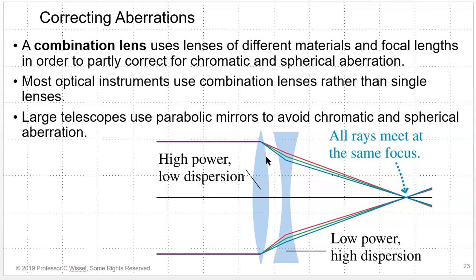If you pick the materials correctly and grind the lenses carefully, you can have all the different rays of light from the edge of the lens as well as from the center, and all the different wavelengths of this light, come to pretty close to the same focal point. You can't get it totally correct, but you can come close with proper engineering and proper grinding.